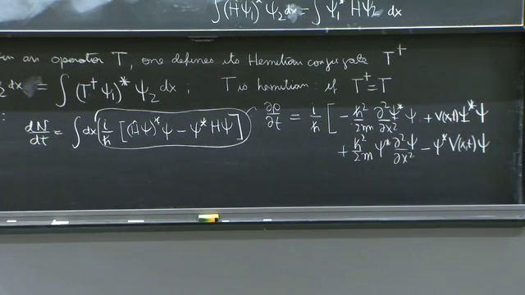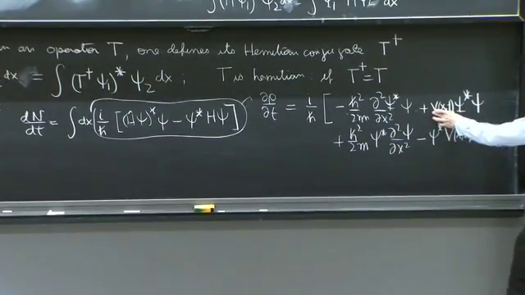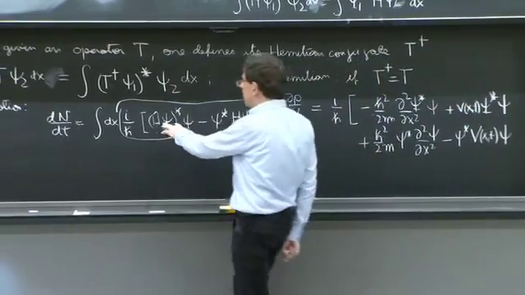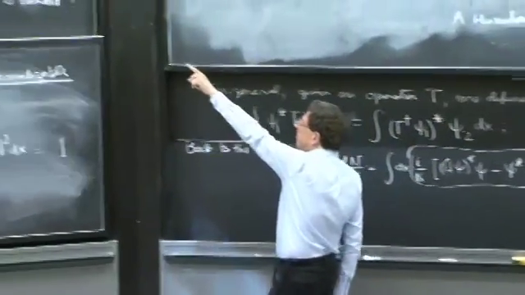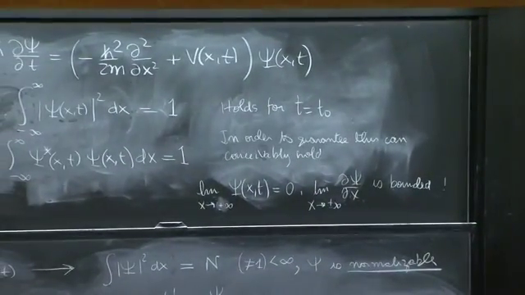Here, there was a little thing that probably I should have said before, is that the potential is real. That's why it didn't get complex conjugated here. H psi would have a term V psi, and we just conjugated the psi.